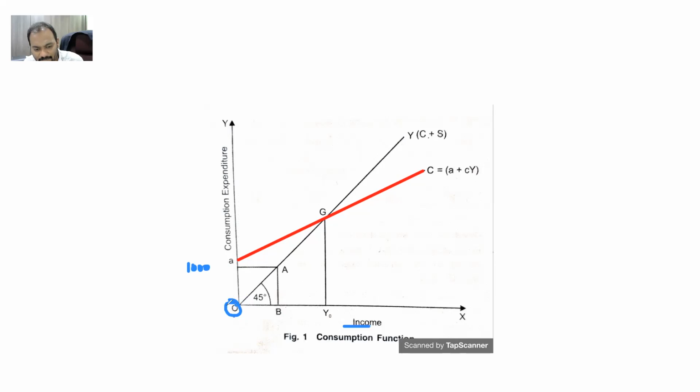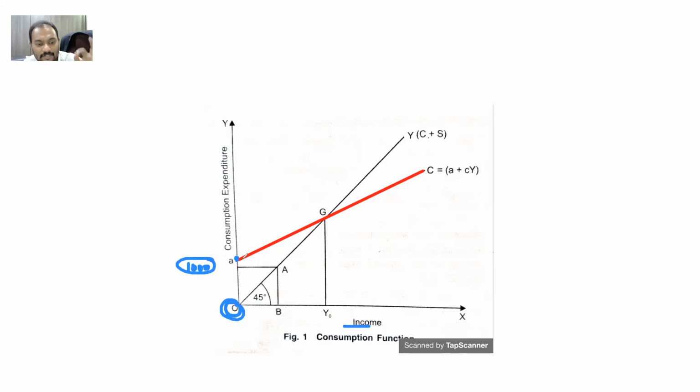So how much is the income? 0. And when your income is 0, what is your consumption? 1,000. That means consumption at 0 level of income is called autonomous consumption.